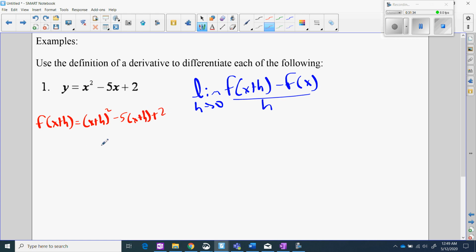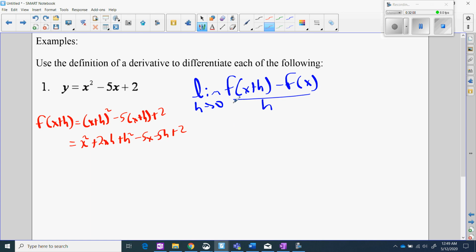Now I'm going to expand it over here, because I don't want to keep writing this out over and over as I expand. Once I have it expanded, I'll replace f of x plus h with whatever I get here. Square the first, multiply and double, square the last term, take away 5x, take away 5h, plus 2. No like terms, so that's already simplified as far as it'll go.